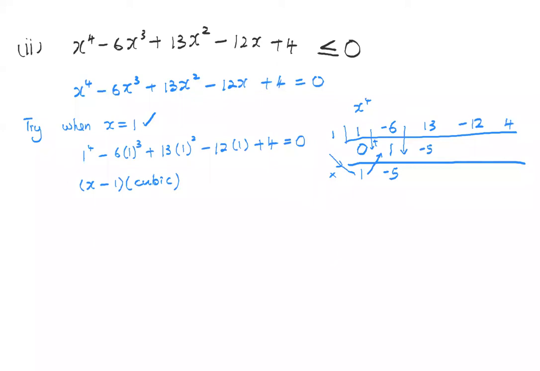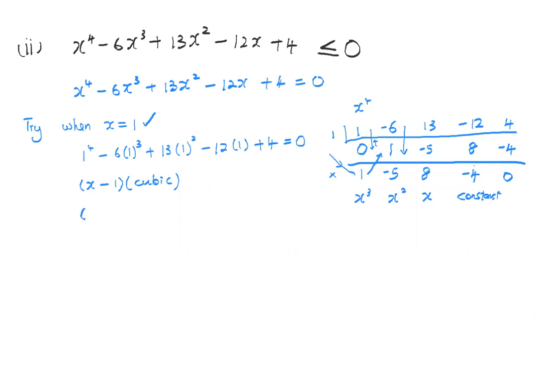Add 13 plus negative 5, I got 8. 1 times 8, 8. Negative 12 plus 8, negative 4. 1 times negative 4, negative 4. You get 0. So here will be your x cubed: 1x cubed, negative 5x squared, 8x, and this is the constant.